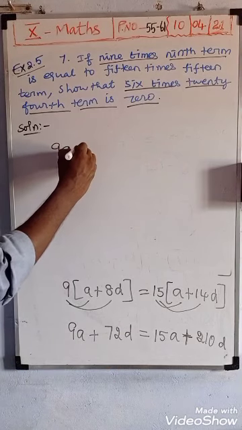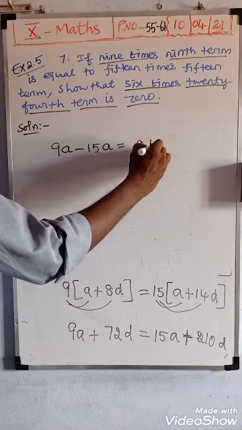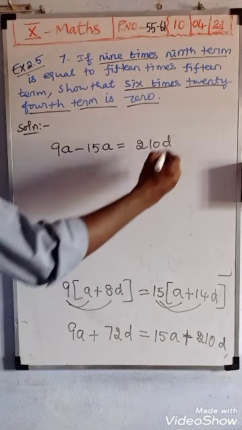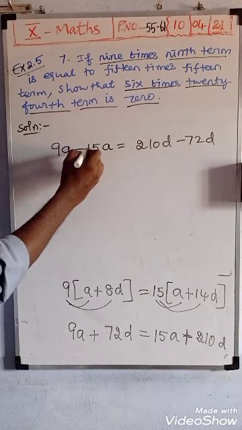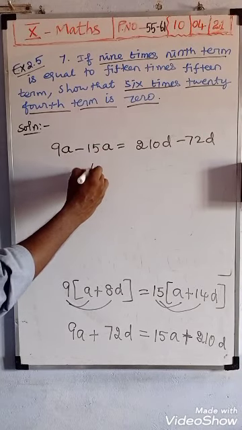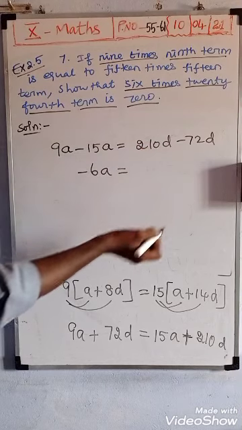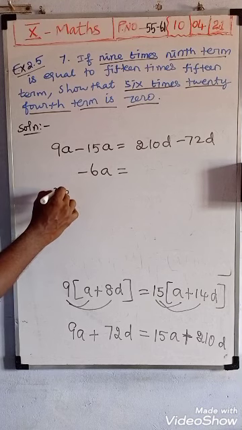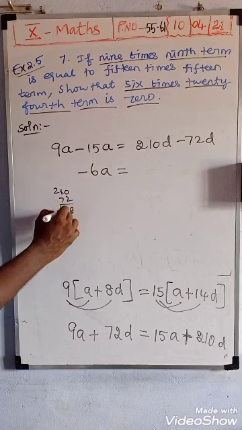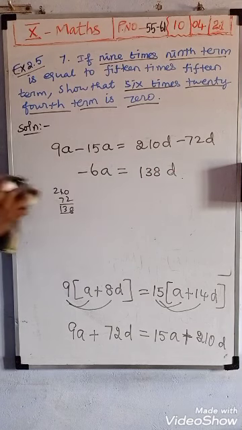This side 9a, and 15a moves over as minus 15a, is equal to 210d, plus 72d moves over as minus 72d. Now 9a minus 15a is minus 6a, is equal to 210 minus 72, which is 138d.